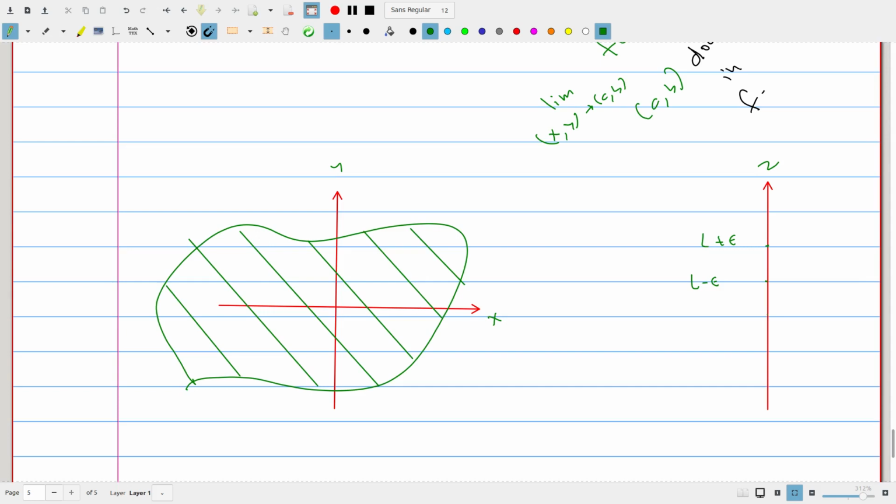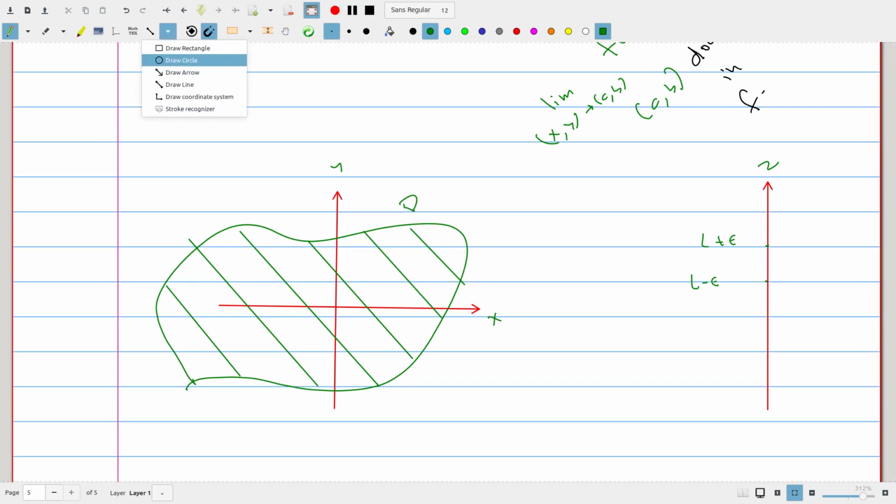Now I should be able to find a region within the domain that maps onto this region within the codomain, within the range, sorry. I should be able to find a circle within the domain that maps onto this interval within the range.